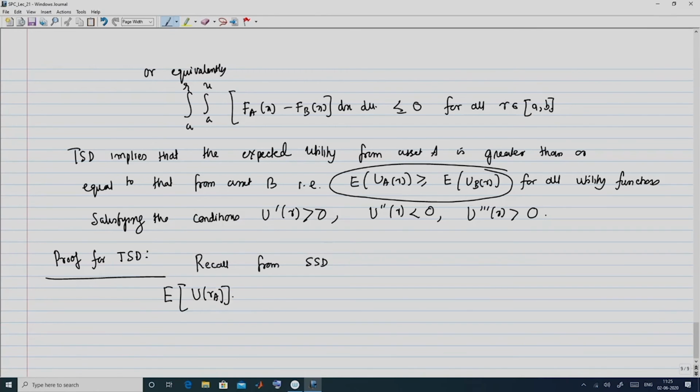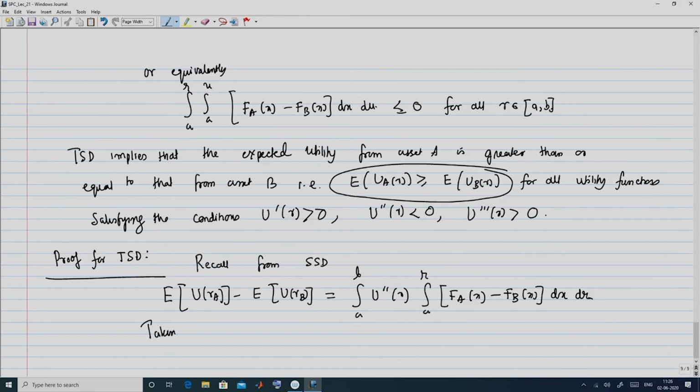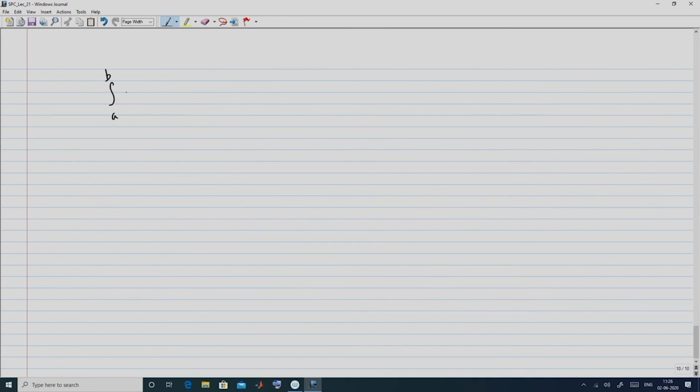So, expected utility of A minus expected utility of B, this was integral A to B u double prime of r integral A to r f A of x minus f B of x dx dr. So, taking IBP on the RHS gives integral A to B u prime of r integral A to r of f A of x minus f B of x dx dr. So, this is the expression on the RHS.